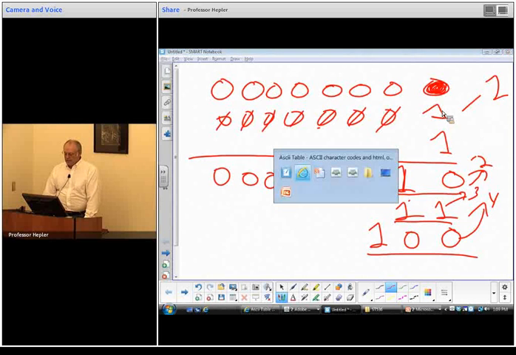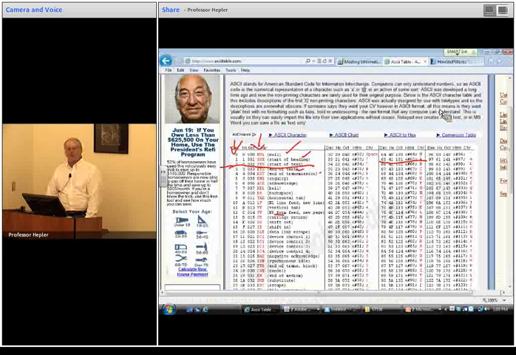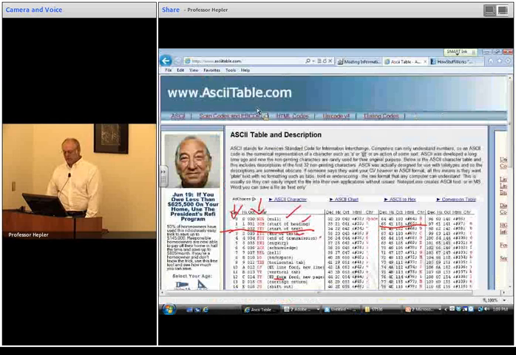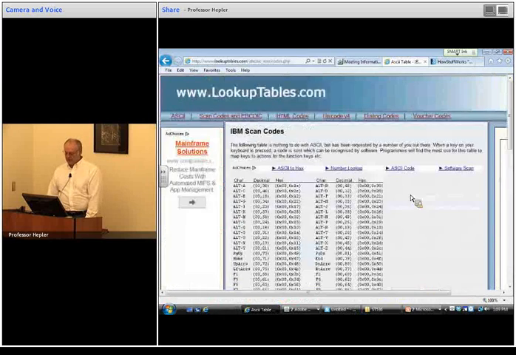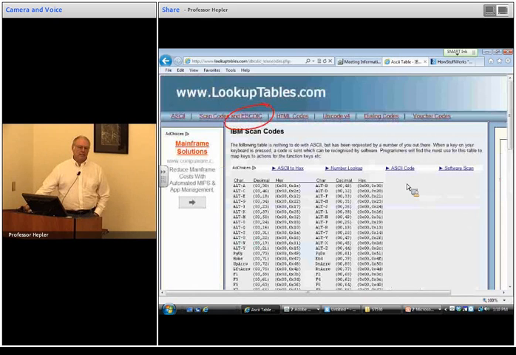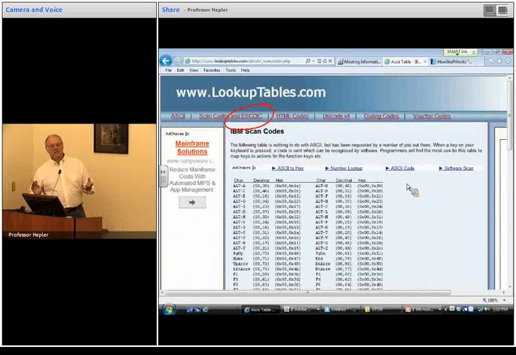Okay, so that's the ASCII chart, and computers use those. This is real quick. I'm not going to talk much about this. This is EBCDIC, I'm sorry. Right here, EBCDIC. And IBM created EBCDIC. I don't remember what it stands for, but it's still used on tapes sometimes, but it's just the same thing as ASCII. It's just a different code set.